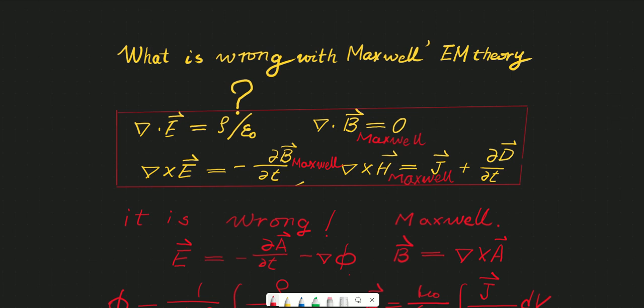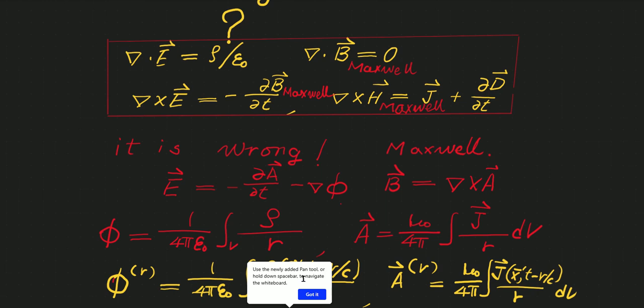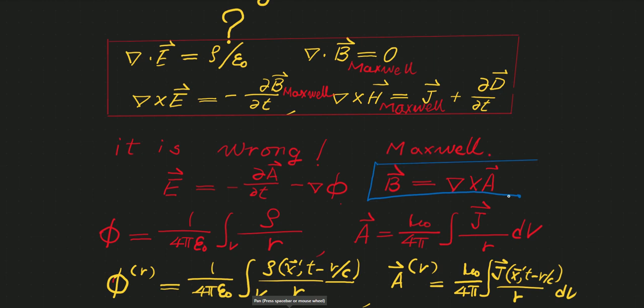That means the definition: B is the curl of potential A.